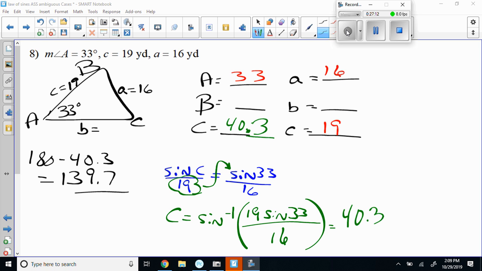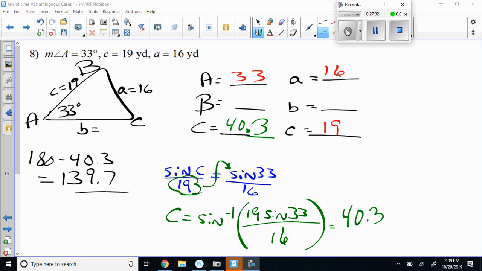139.7. Now, here's my determining factor. The angle that I got here was acute, right? So if the angle that I saw initially is acute, the angle that I'll get that is its supplement is going to be obtuse. Does that make sense? It's 139.7.